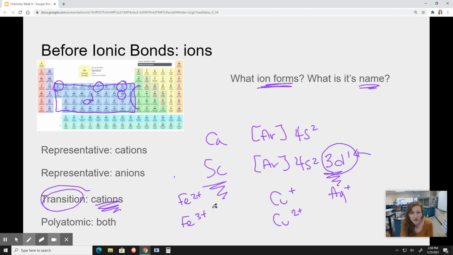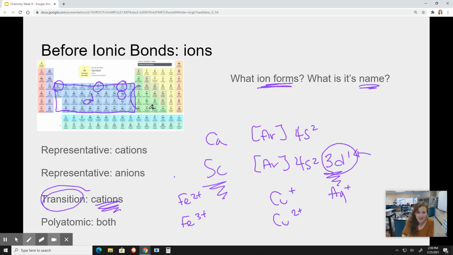And so it leaves us with but one option, which is to memorize them. So transition ions, a lot of them can form more than one charge. And there's not a great pattern on the periodic table to help you figure out why.